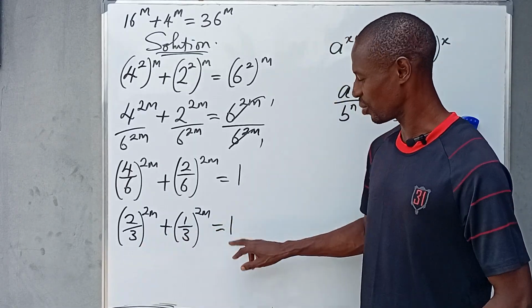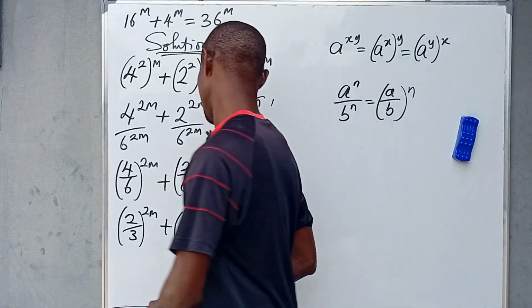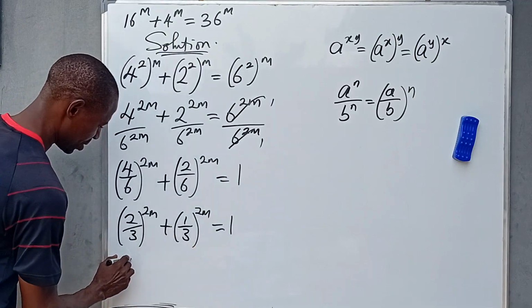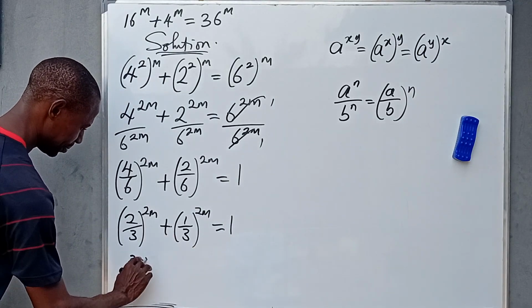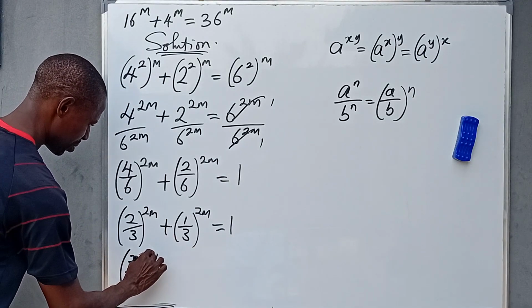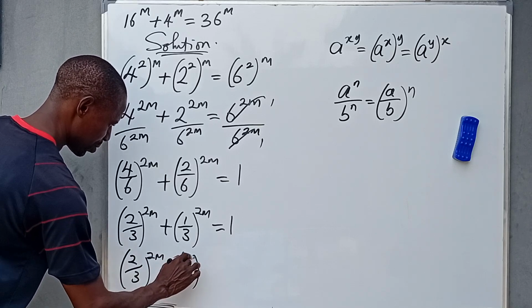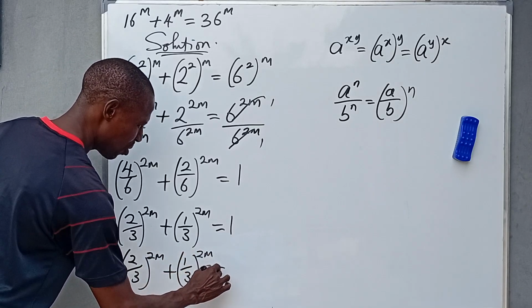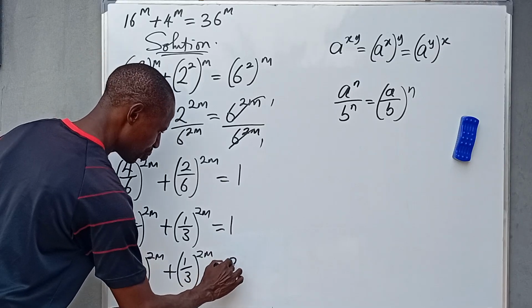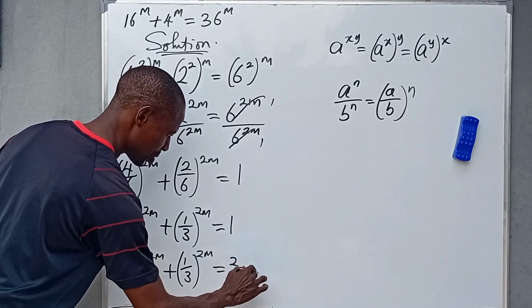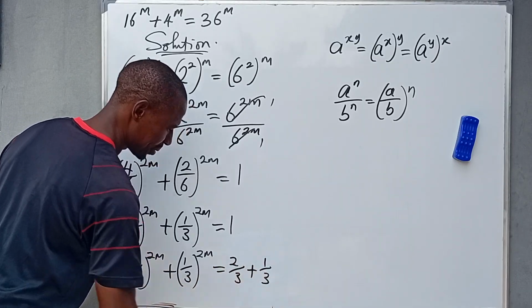This gives us (2 over 3) all raised to 2m plus (1 over 3) all raised to 2m equal to 2 over 3 plus 1 over 3.